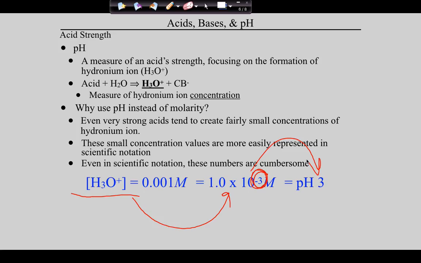Guys, that's all pH is: the concentration of hydronium ion written in scientific notation, and then we just focus on the exponent. That's why we use pH, because instead of writing this, we just have to write down 3. So guys, let me show you how this becomes easier. Let me give you an example of a pH scale, because it looks like this.